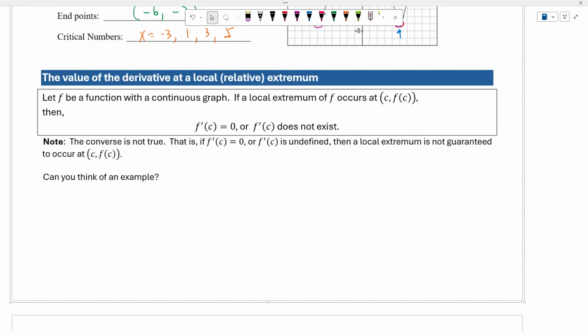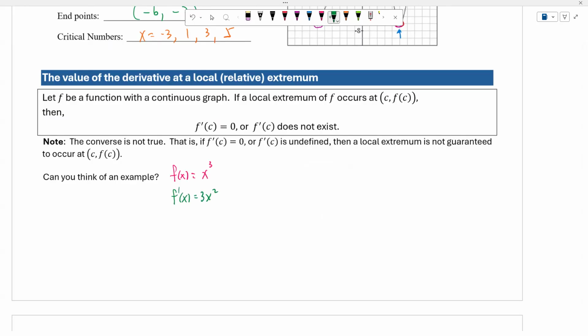Okay. Let's see. One of the examples I could think of is f of x equal to x to the power 3. So in this case, f prime of x equal to 3x squared. Okay. And now I would like to set f prime of x equal to 3x squared equal to 0. Then I would like to find out what c is, right? So of course, in this case, x is equal to 0.